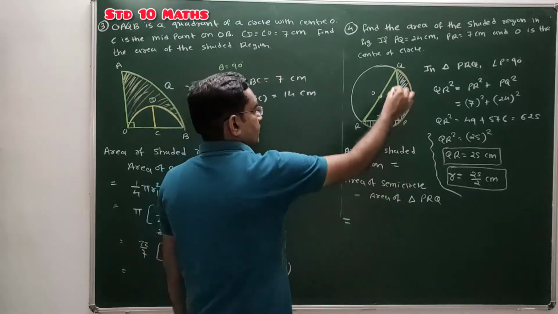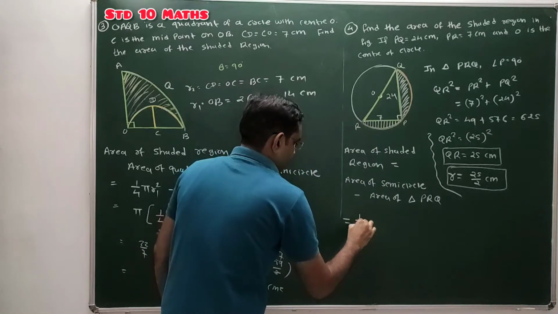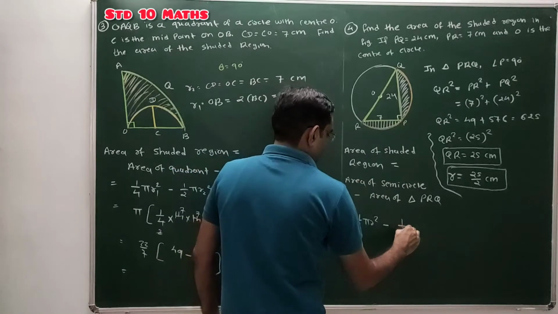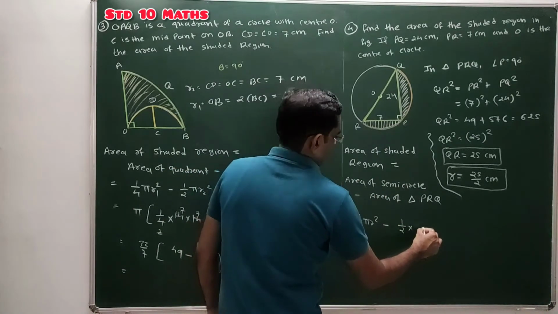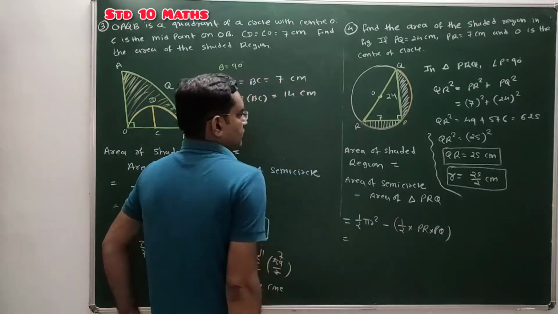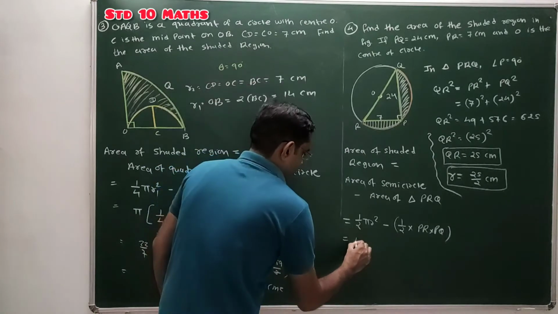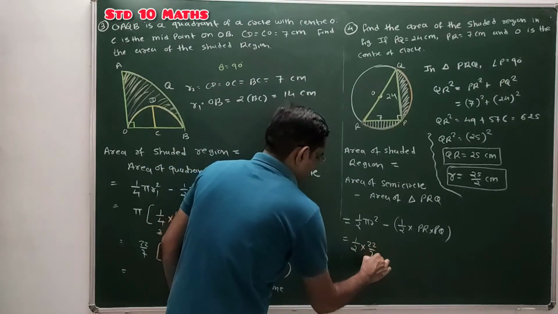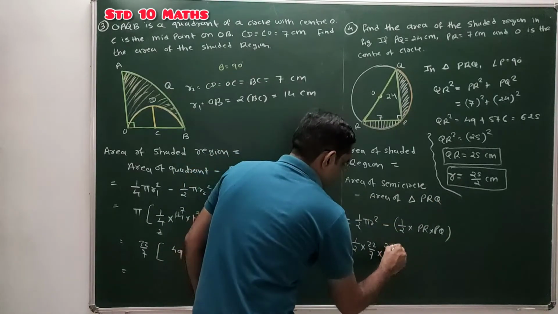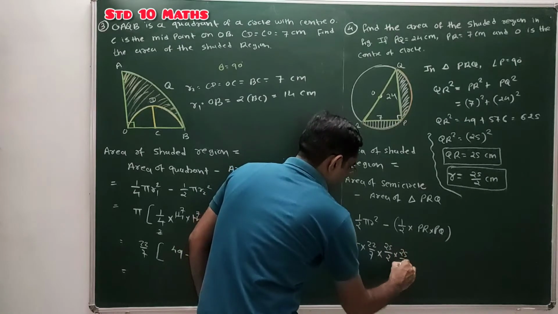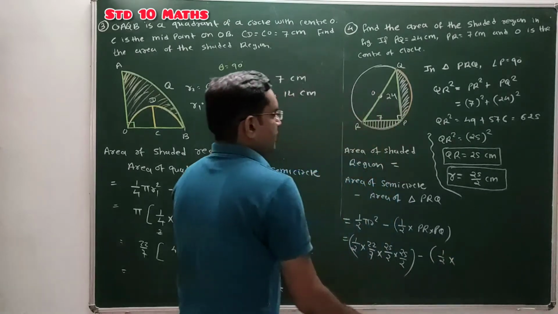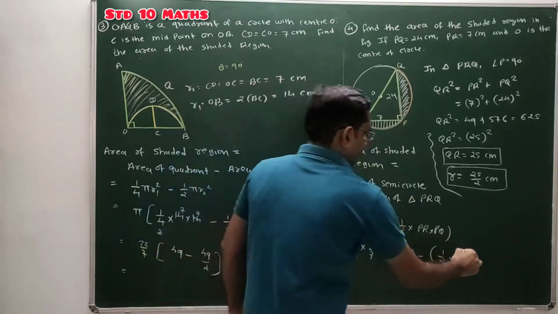Area of semicircle 1 by 2 pi r square minus area of right angle triangle 1 by 2 base into height, PR into PQ. So this is equal to 1 by 2 into 22 by 7 into 25 by 2 into 25 by 2, minus 1 by 2 into base into height, 7 into 24 for the right angle triangle.